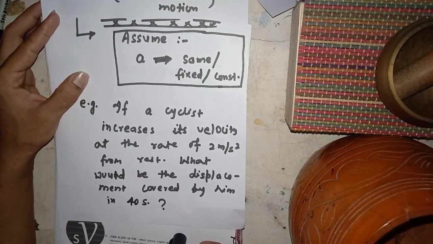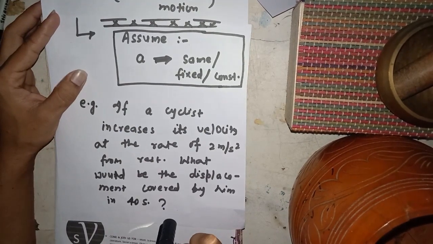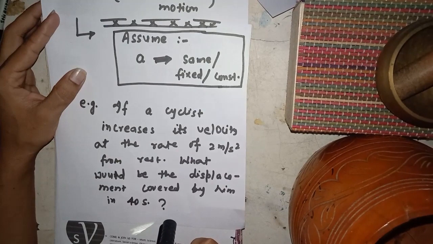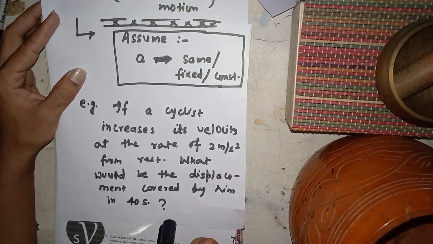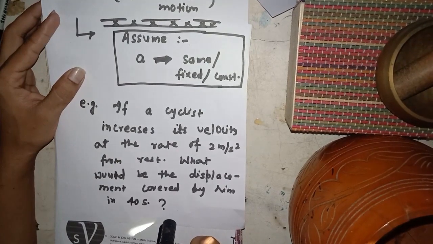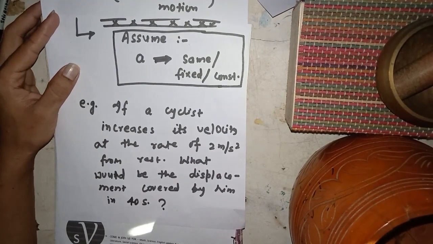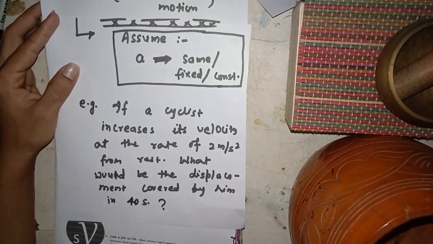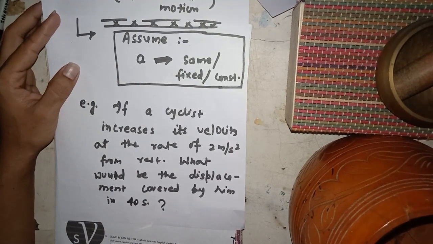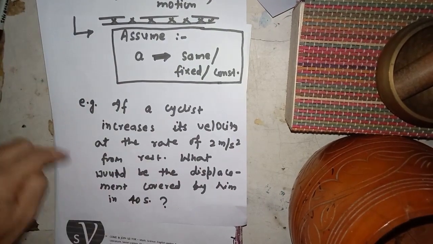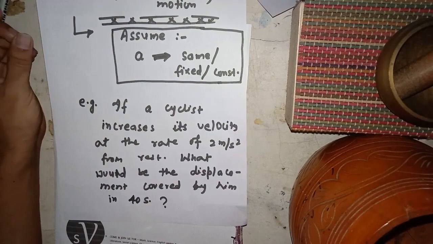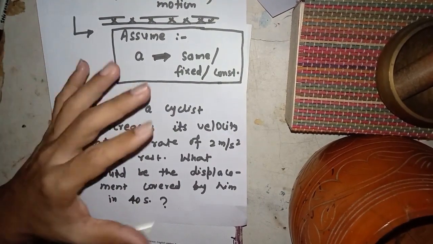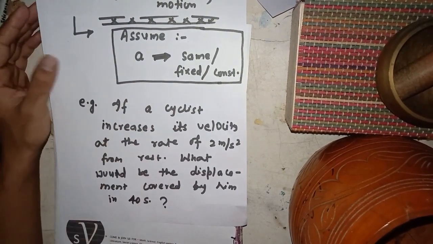Can you solve it by your mathematical skill or by common sense, whatever it is? You must solve it. How can you solve it? And what is the meaning of this question? What is the observation you get from this question?